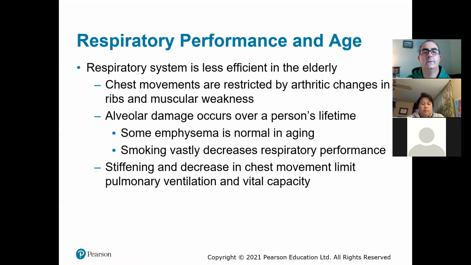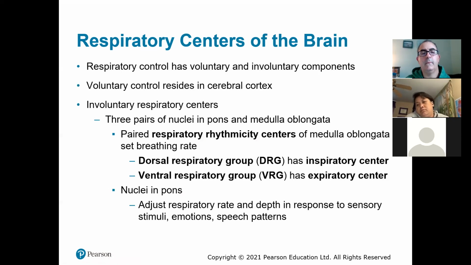Okay, so again, you have cues in your body that set the respiration rate based on how much CO2 you have in your blood, how much oxygen you have in your blood, right? And then based on sensory stimuli and emotions, you're going to change your breathing rate.